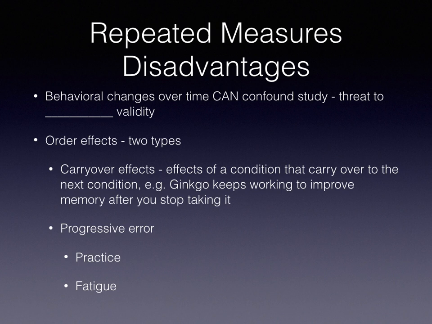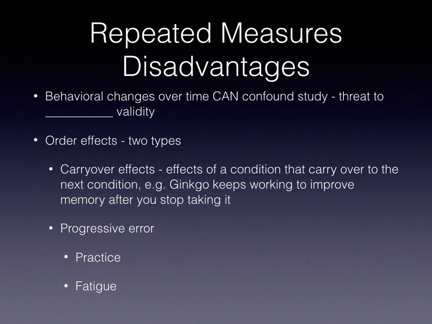They're practicing the test. If you use the same test, then they've seen the test before, and that can be a problem too. So the order in which people experience conditions can be a confound, and if you don't know at the end whether it was the order of the conditions or the conditions themselves that changed the dependent variable, then you can't be confident that you've made that independent variable truly independent.